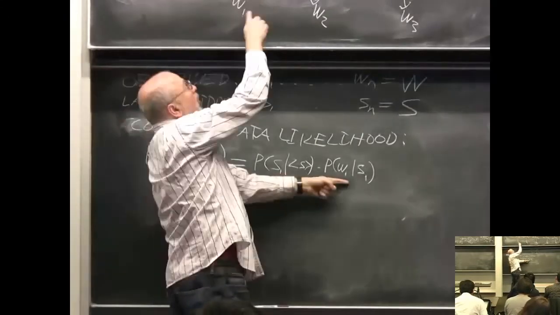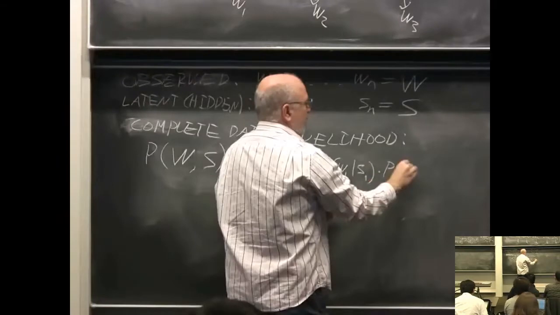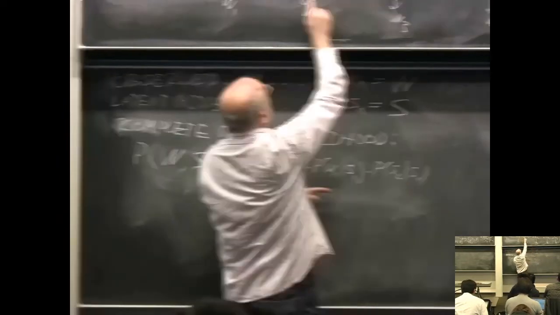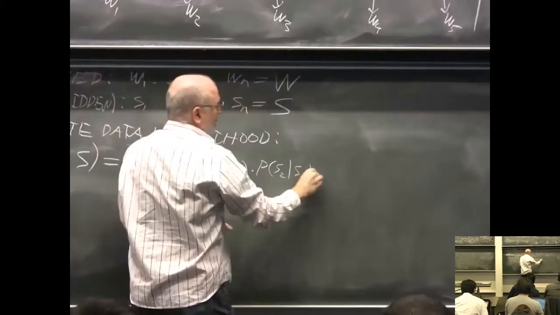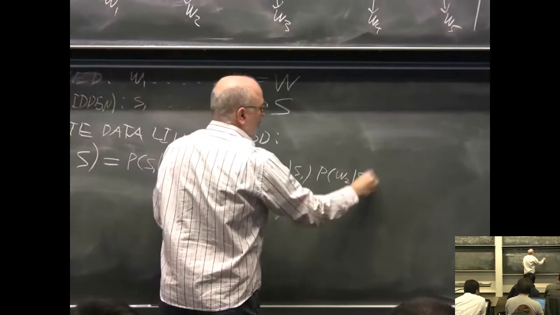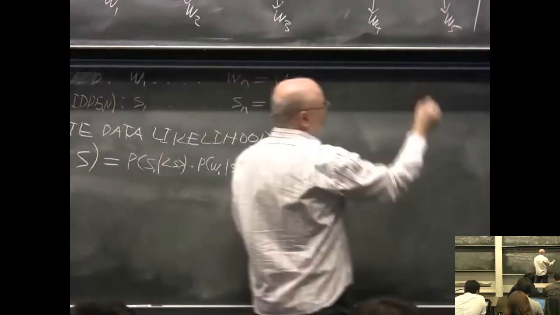So I generated the first part of speech. Now I generated the word from this. Now I'm going to generate the second part of speech from the first part of speech. So this is S2 given S1. That's this link. Then the probability of word 2 given S2. It's this link, etc., all the way to the end.